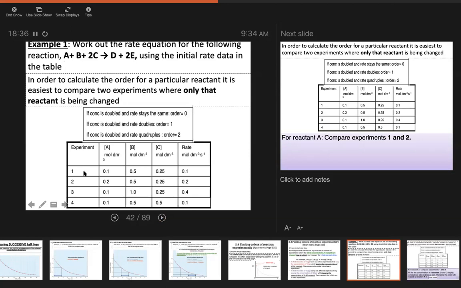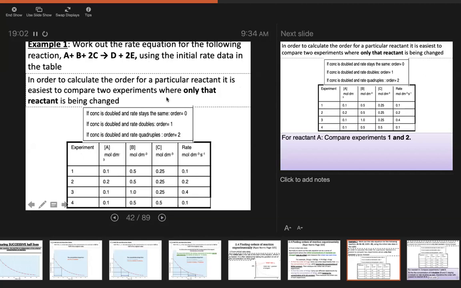This table. Now you can see that there are 4 different experiments. It is still using the same reactants. It is still the same reaction, but the only thing, if you notice, is that I'm changing some of the concentrations, okay? Now, in order to calculate the order for a particular reactant, it is easiest to compare 2 experiments where only that reactant is being changed, okay?